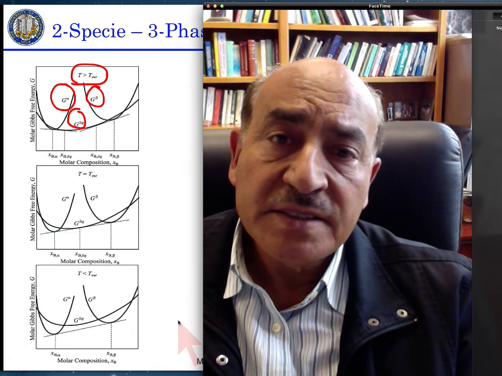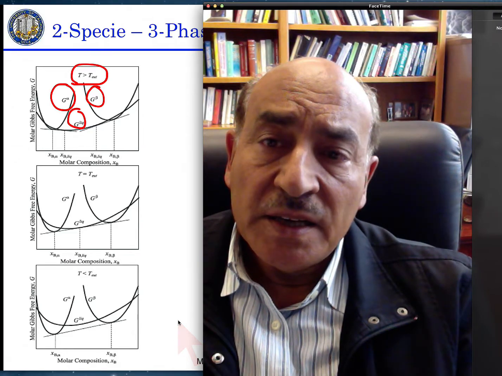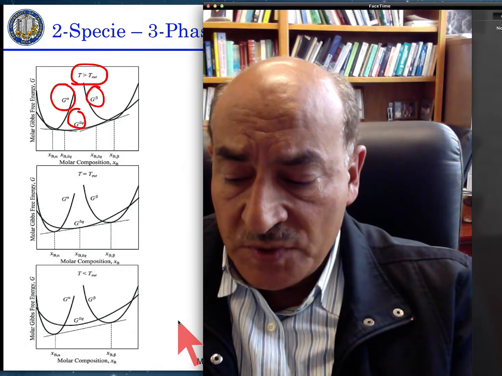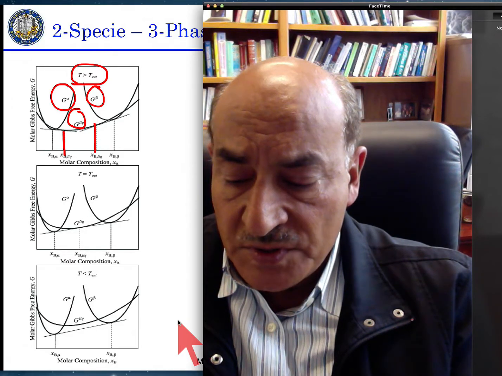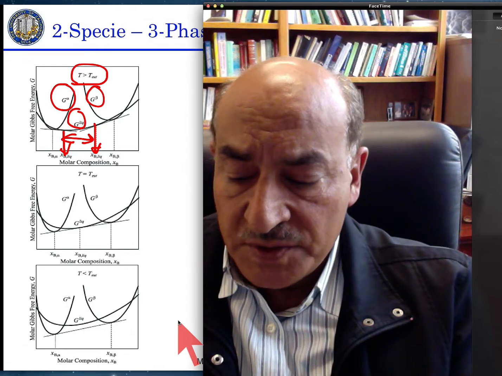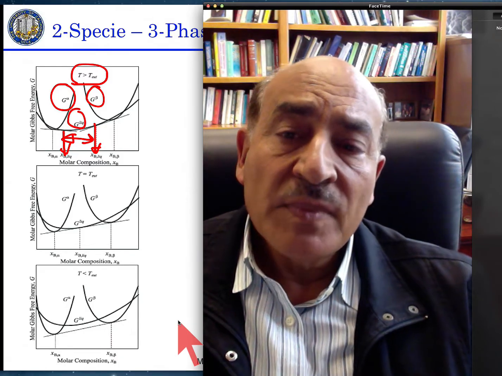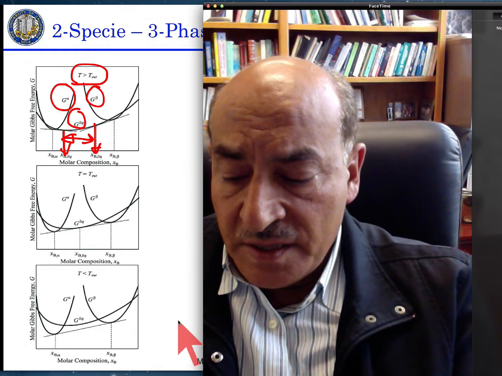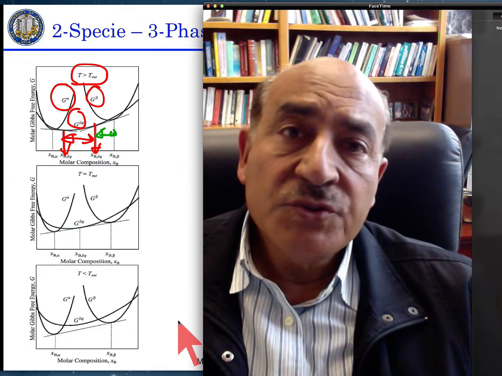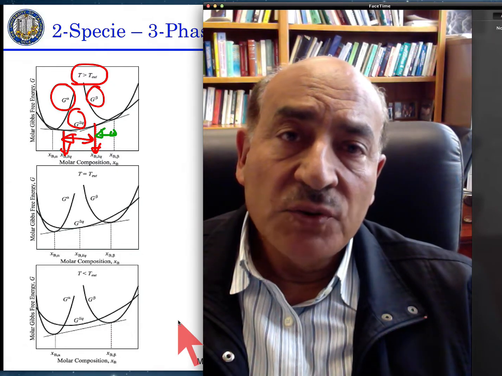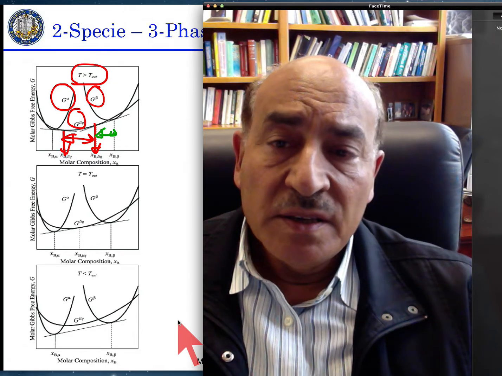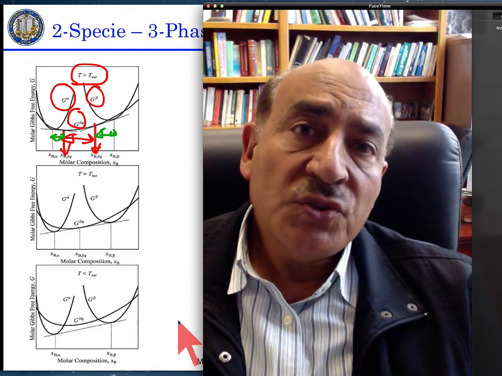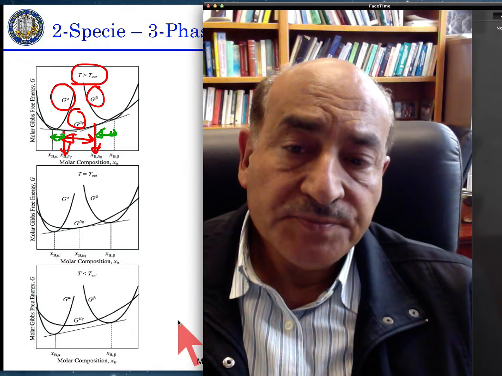If it is greater than the eutectic temperature, then the liquid is very stable between these two regimes. So between here and here, I have a liquid region that is very stable. In this region here, I have a two-phase separation: one is liquid, and the other is the beta phase. And on this side here, I have separation into a liquid phase and an alpha phase.